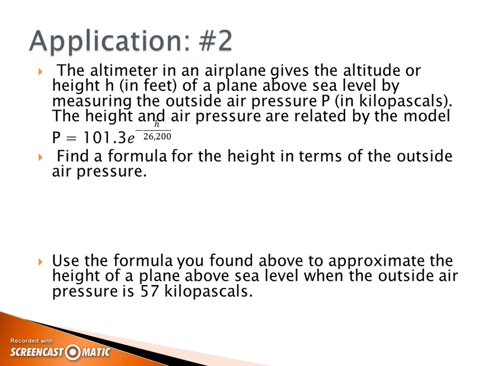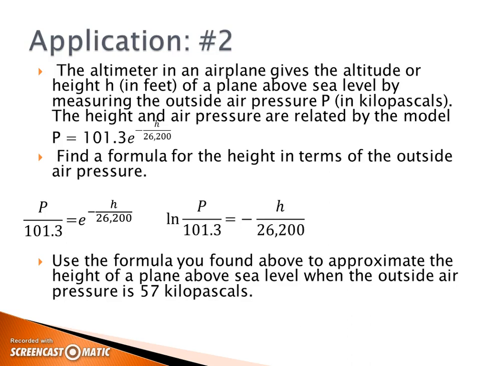We have to get e by itself, so we divide by 101.3. So we get P over 101.3 equals e to the negative h over 26,200. Take the natural log of both sides, which gets rid of the e. So we get natural log of P over 101.3 equals negative h over 26,200.